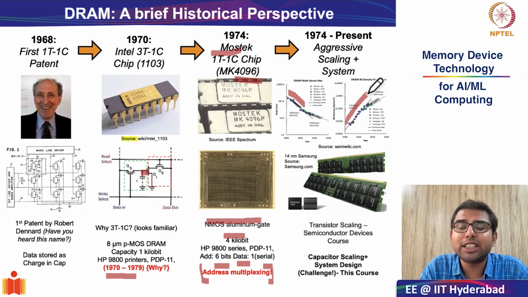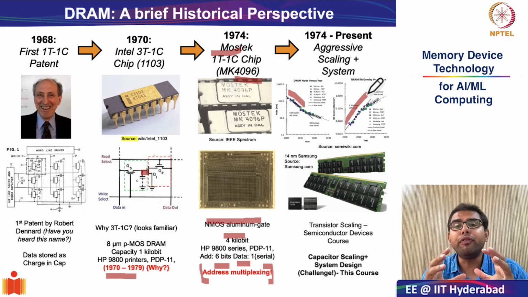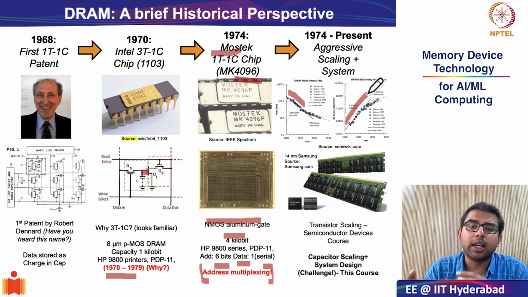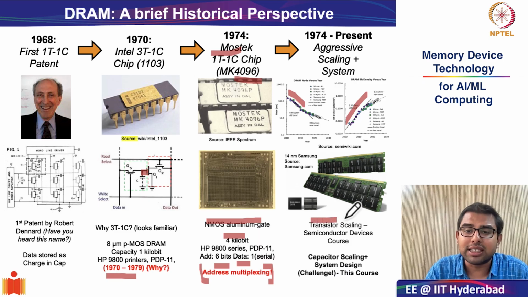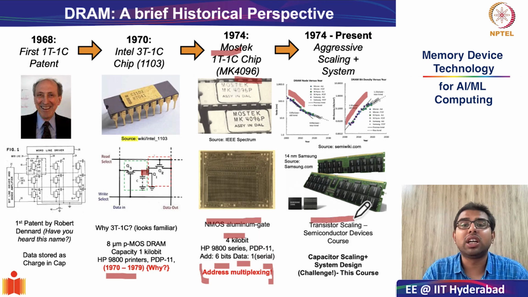And all of this has been possible because of 2 key reasons. At the device level, you have been able to do aggressive scaling of the transistor, part of which we have discussed even in our SRAM portion. But if you want a more detailed description, I would suggest to look up a course on semiconductor devices.